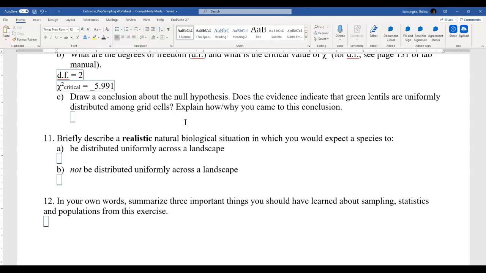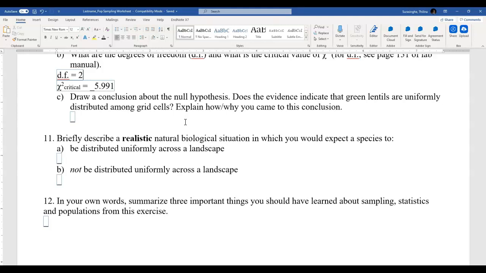Let's move on. 11. Briefly describe a realistic natural biological situation in which you would expect a species to be uniformly distributed across a landscape. I mentioned that it's hard to come up with an example where species are uniformly distributed. Mostly it's not. So I have several examples for non-uniformity.